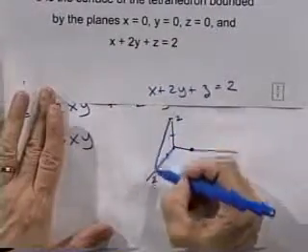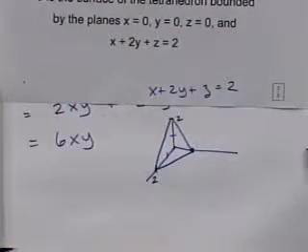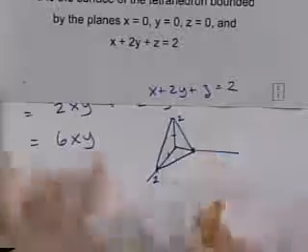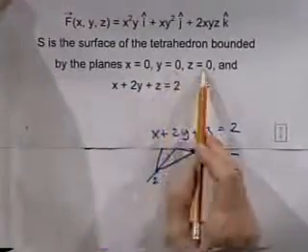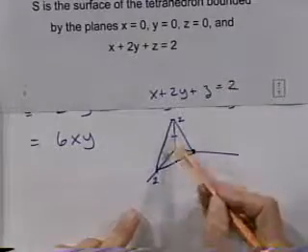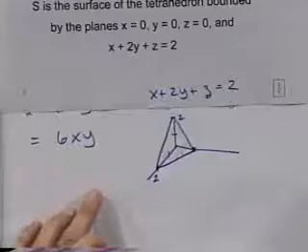So my tetrahedron, tetra means 4. Can we all see? You have the top is right here. And then your planes, x equals 0, y equals 0, z equals 0, are your coordinate planes. So you have the xz plane, the yz plane, and the xy plane as your faces.